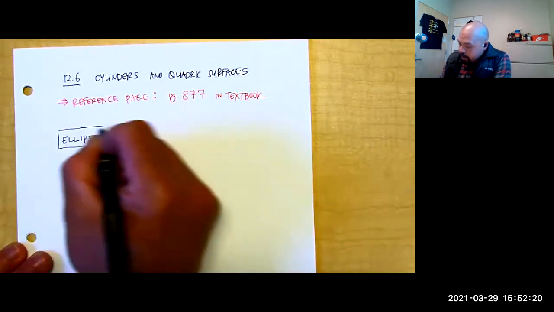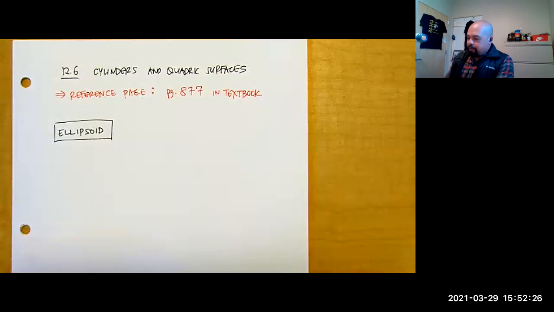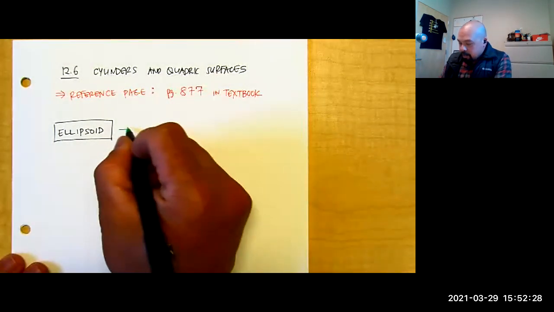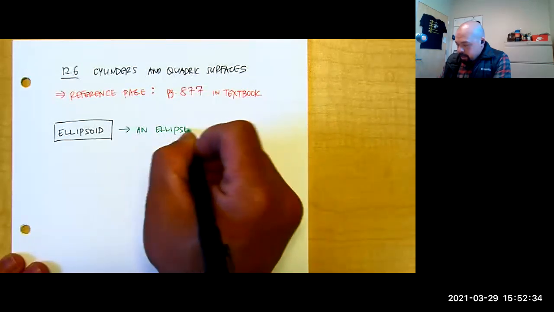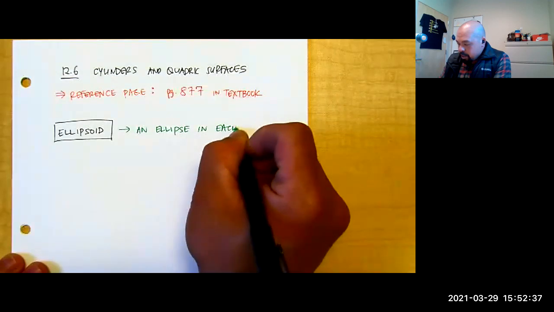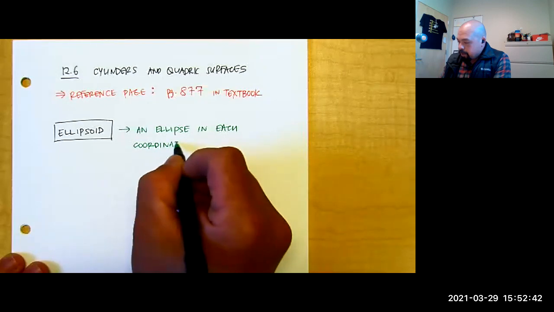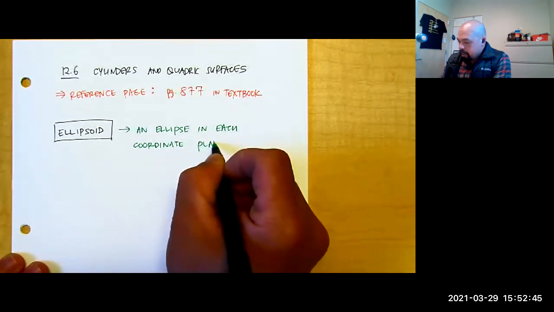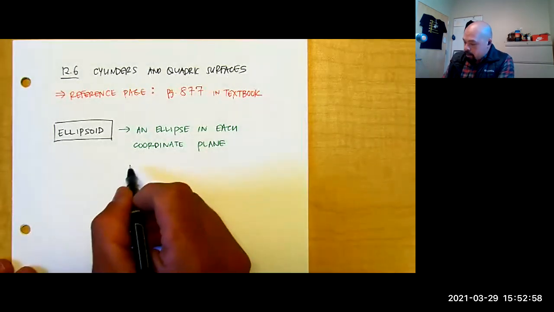So for that ellipsoid, okay, and this kind of figure, we're identifying that this is basically an ellipse in each coordinate plane, right? So as we start to take those different slices, those different traces, level curves we'll talk about later, we're going to see an ellipse in those different planes.